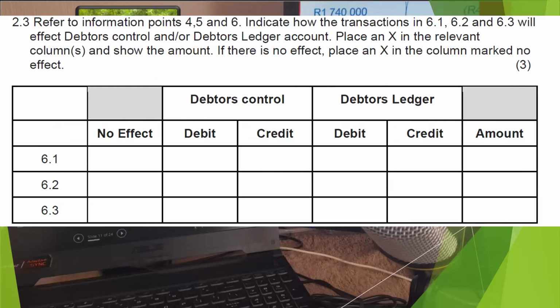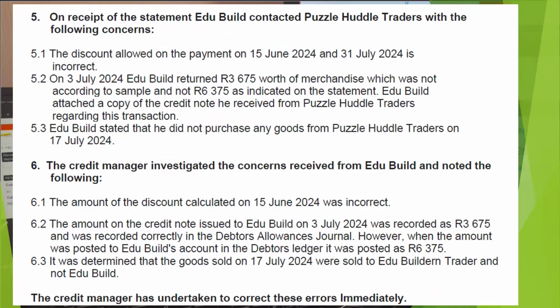Now we need to prepare this. They say refer to information in points 4, 5 and 6. Indicate how the transactions in 6.1, 6.2 and 6.3 will affect the debtors control and debtors ledger account. Place an X on the relevant columns and show the amount. Place an X in the column marked no effect, if there's no effect. When you read 6.1, I'm going to read it together with 5 because they look linked. It says on receipt of the statement, EduBuild contacted Puzzle Heddle Traders with the following concerns.